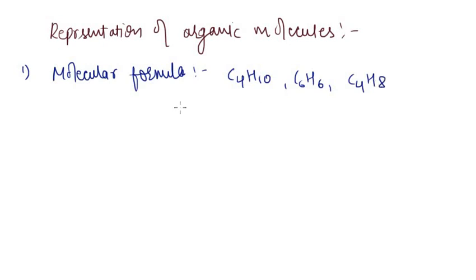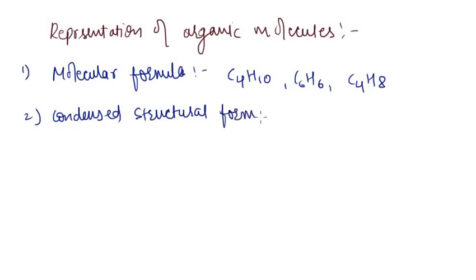So the next type is what we call the condensed structural formula. If we continue with C4H10, we can draw it like CH3, CH2, CH2 and CH3.